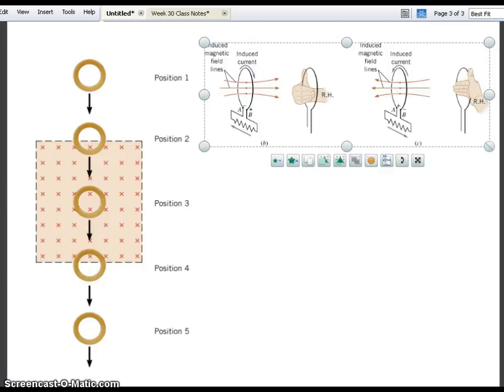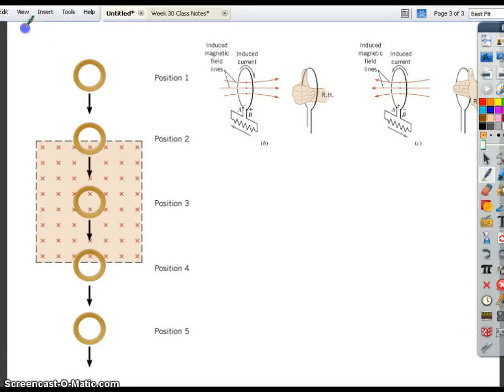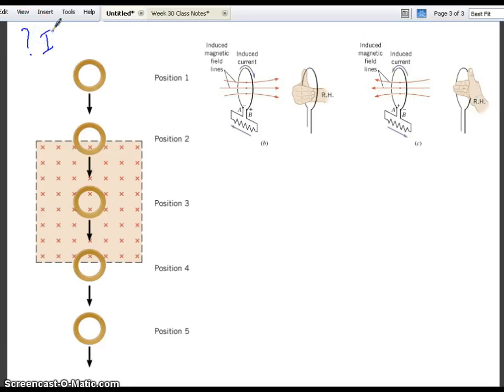Here we have an example of a conductor, a metal ring, that enters a magnetic field, goes through the magnetic field, and leaves the magnetic field. So the basic question here is, what is the current at positions 1, 2, 3, 4, and 5?